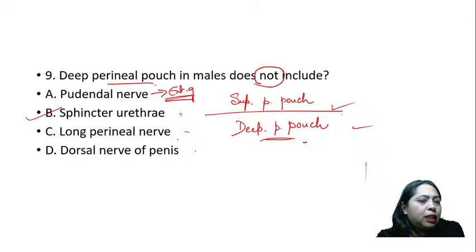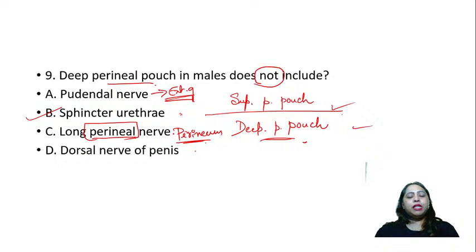Long perineal nerve: perineum is down, or perineum is what? What area up to where do you call it perineum? Long perineal nerve, what does it supply? Anyone has an idea? What are the symptoms?